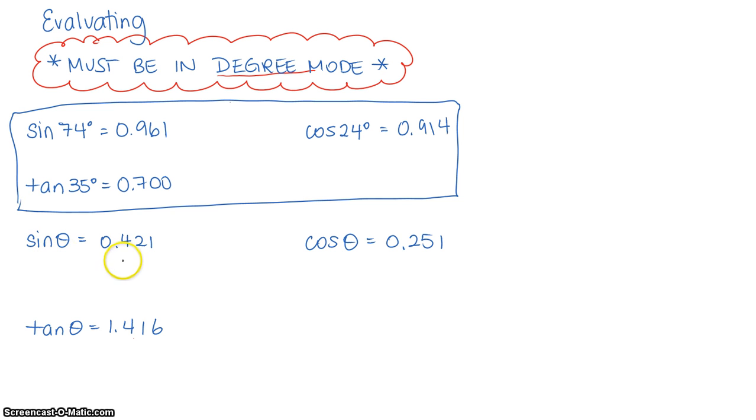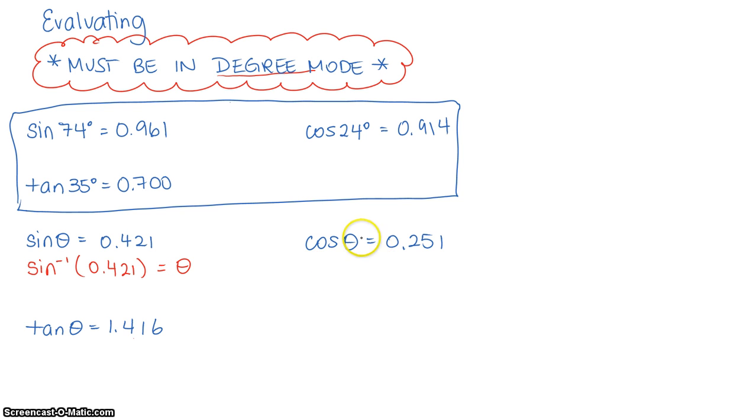Now, here's what's a little bit trickier. When we do not know the angle, but we are given the ratio. When you are given the ratio, you have to use the opposite operation. So sine has an inverse operation. How we write it is we basically go sine inverse, and we switch where the ratio goes and where the angle goes.